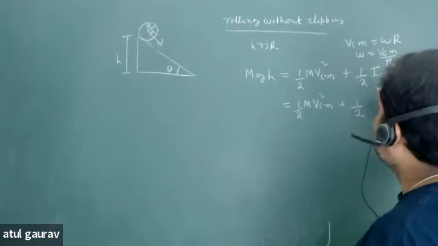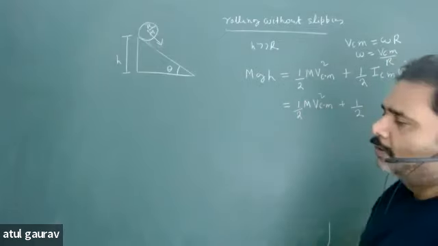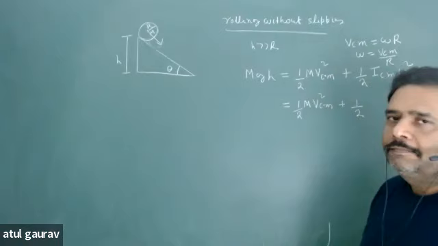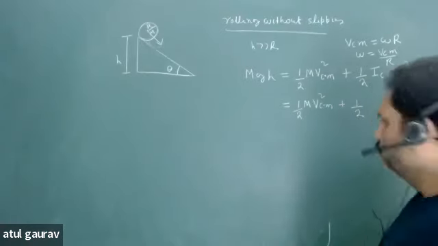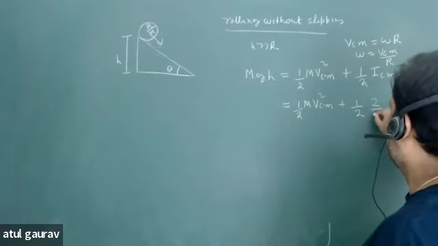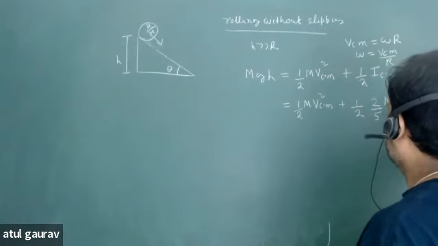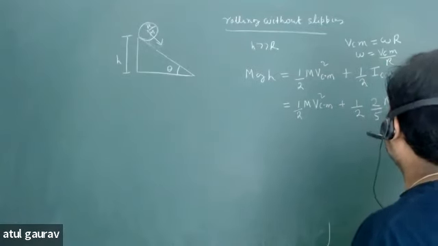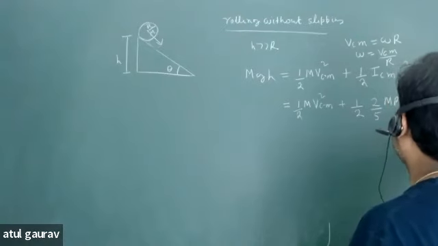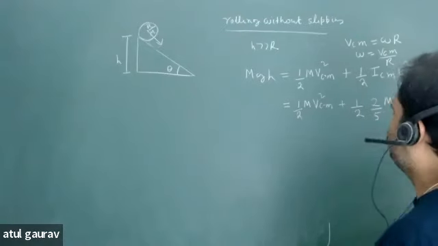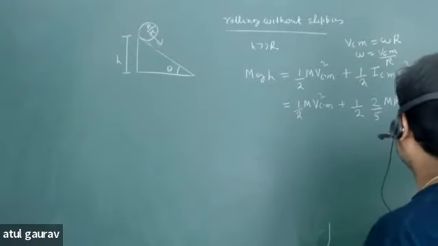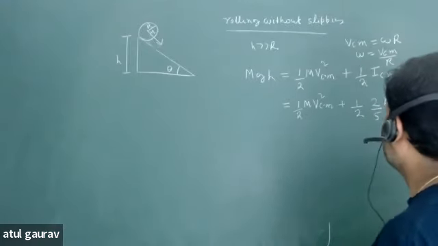And what will be ICM? Assume this is a solid sphere. What will be ICM? 2 by 5 m r square. Exactly. And we can write omega square as VCM square by r square. Now you can see this r square is cancelled.